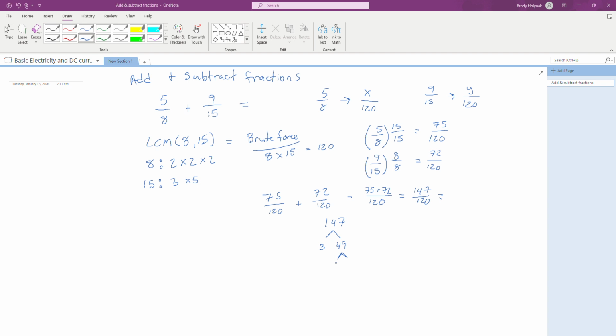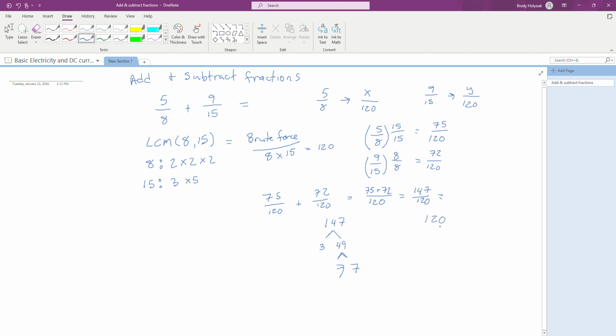How are we going to take out 49? So if we start off at 7, I'm done. 7 times 7. I should have known that. I, for some reason, was not thinking about my squares, my common squares. It happens to everybody. All right, so 3 times 7 gives me 147.